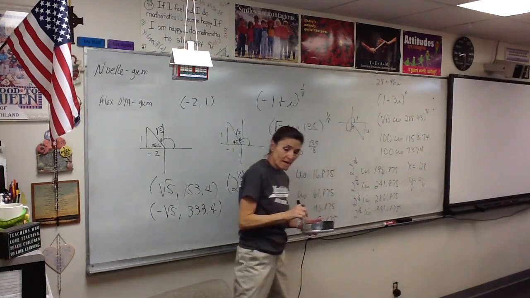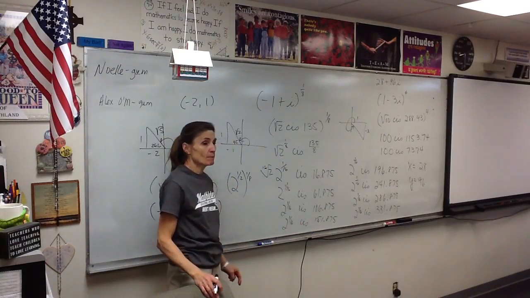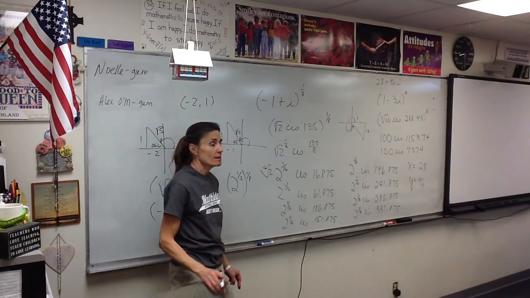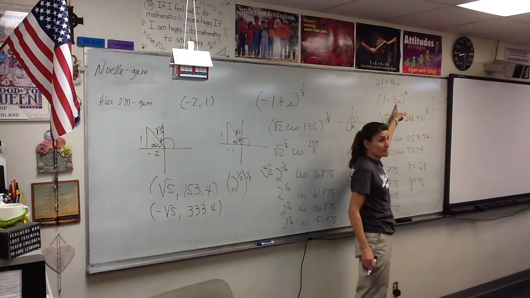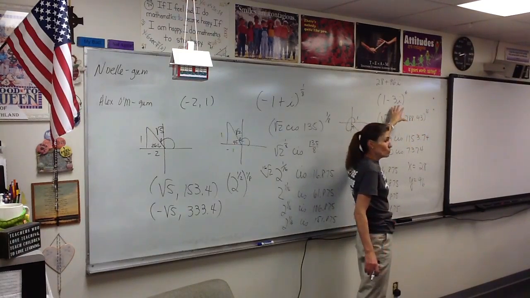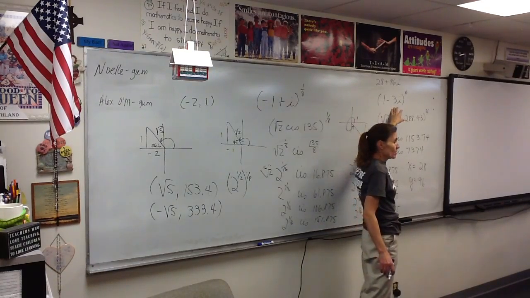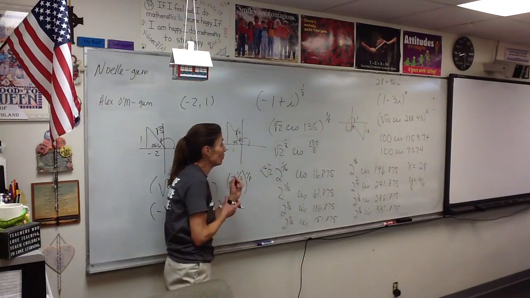Now, we act kind of shocked that we would get nice numbers, but we shouldn't be shocked. Because if you FOIL this out 4 times, 1 minus 3i, 1 minus 3i, 1 minus 3i, 4 times. Would you get any decimals? Nope. So it's not surprising we got whole numbers. We should get whole numbers.